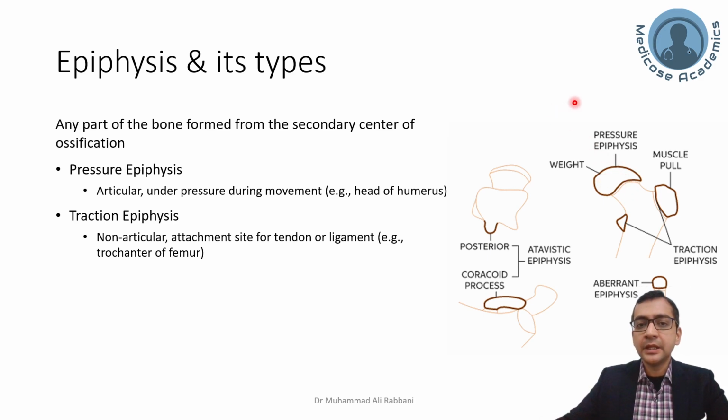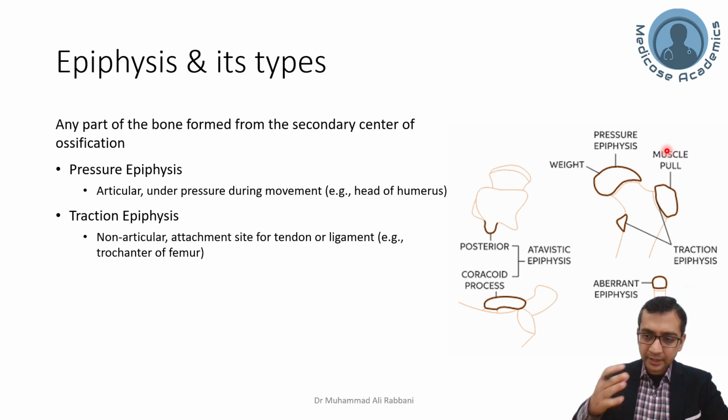Traction epiphyses. These are not usually part of the joint, but are projections giving a place for the pulleys, the ligaments, and the tendons of the muscles to attach, and the bone is pulled at those points. So muscles pull.